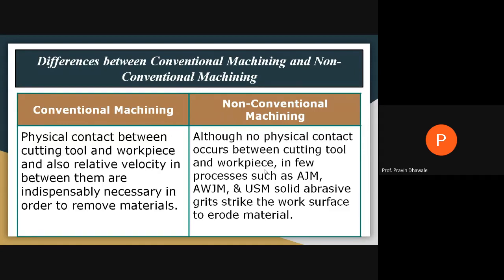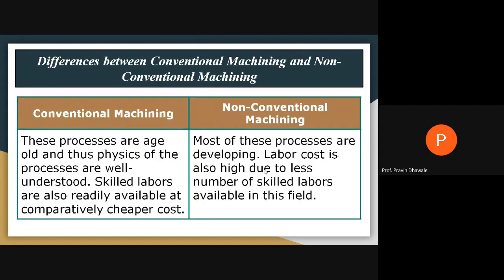Okay, come to the next point. If you are considering the conventional machining processes, these are age old, and thus the physics of such processes is very well understood and well known to all of us.